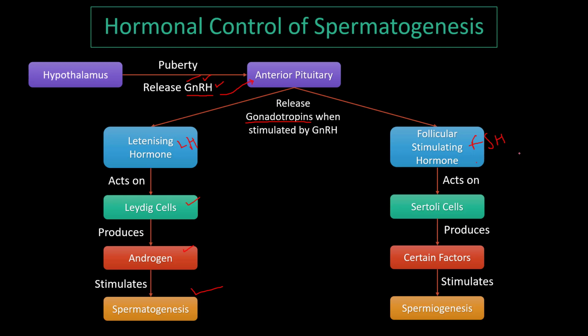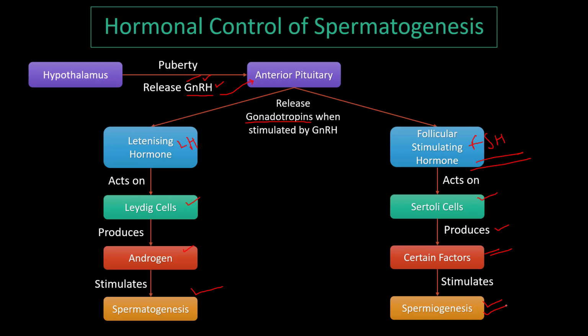On the other hand, the FSH is going to act on the Sertoli cells that are present on the inner side of the seminiferous tubule, and they produce certain factors that help in the process of spermiogenesis.